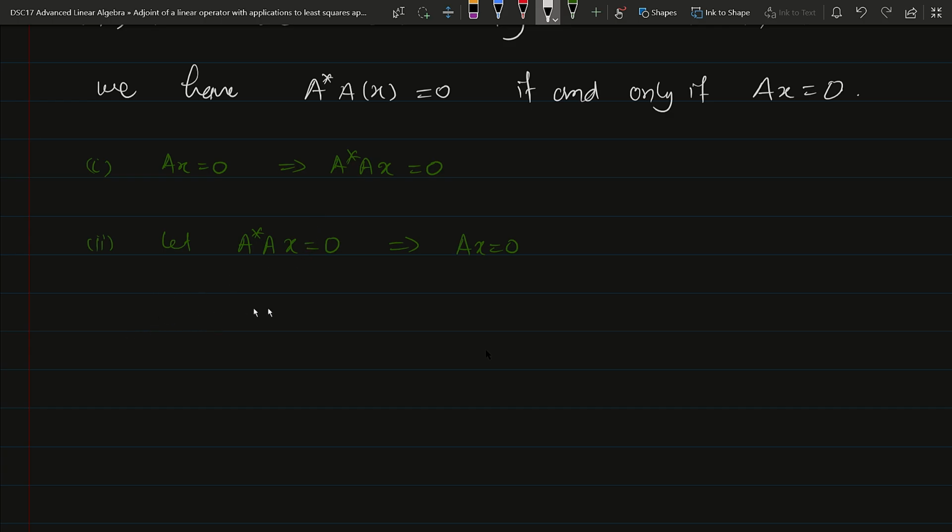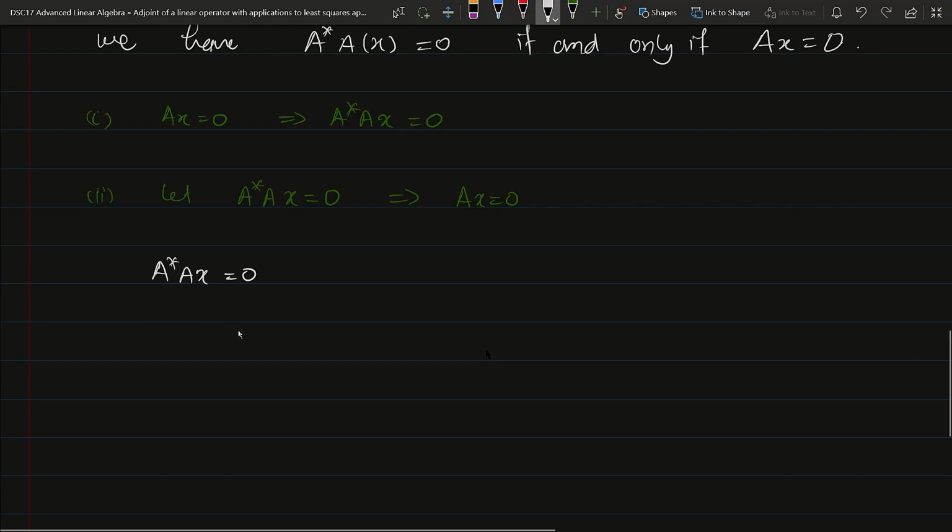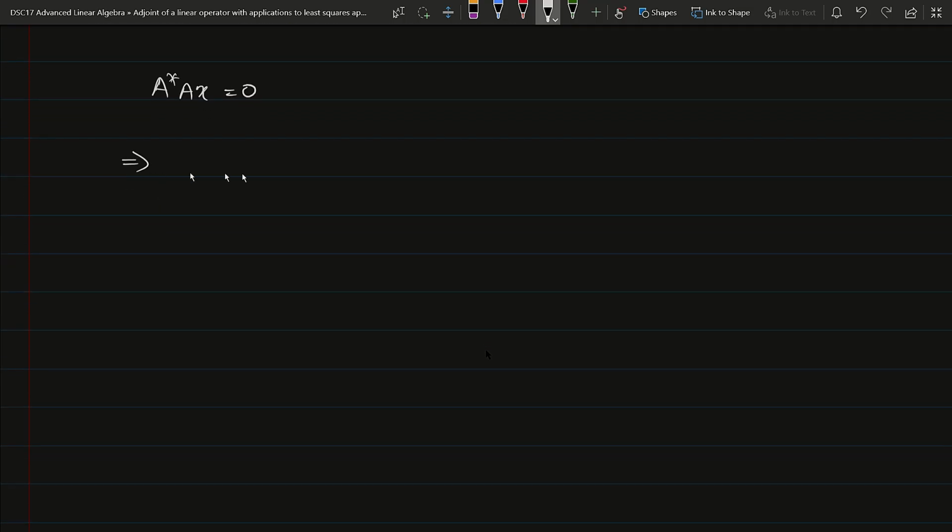So if A star A x is equal to 0, then this implies that inner product A star A x with x will be equal to 0, क्योंकि ये वेक्टर 0 है तो 0 का किसी भी वेक्टर के साथ हम इनर प्रोडक्ट लेंगे तो वो 0 रहेगा. Okay, now you can see this x is in Fn, this A star A x is also in Fn, so this inner product is in Fn.